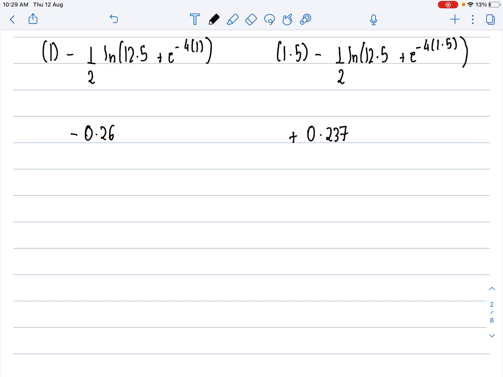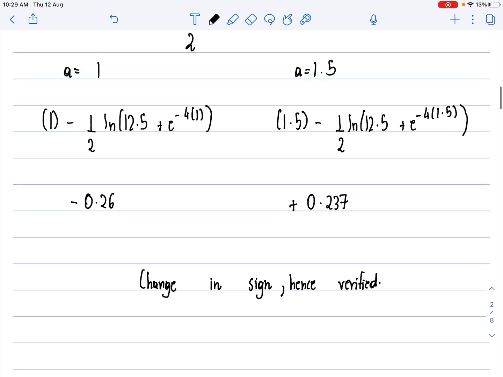As you can see, there's another change in sign here, which you'll always get. So you just write change in sign, hence verified. Correct? So this is basically the procedure of finding roots via the change of sign.